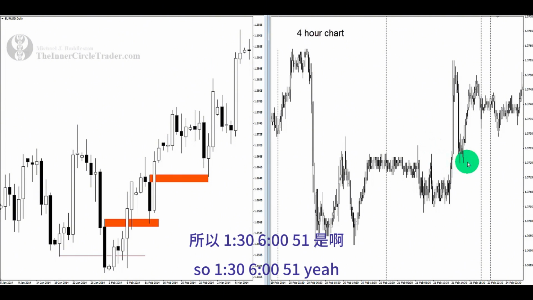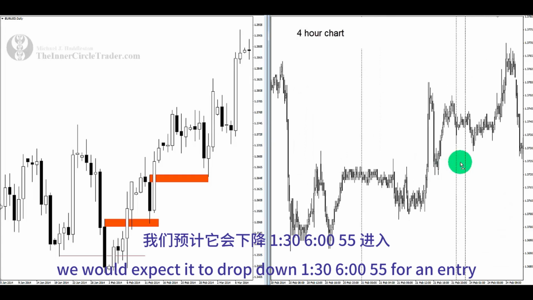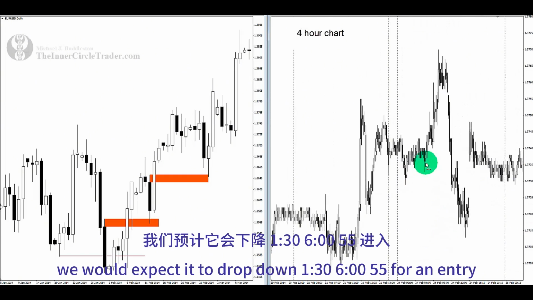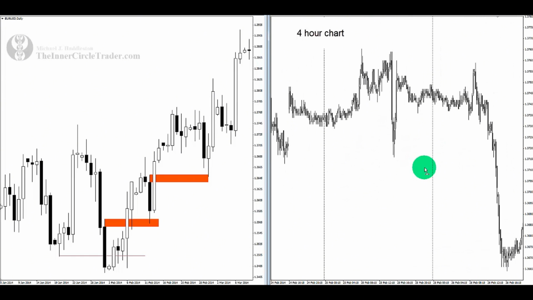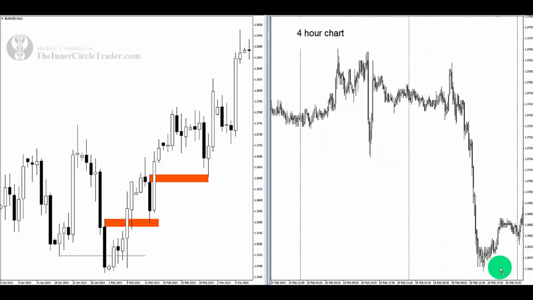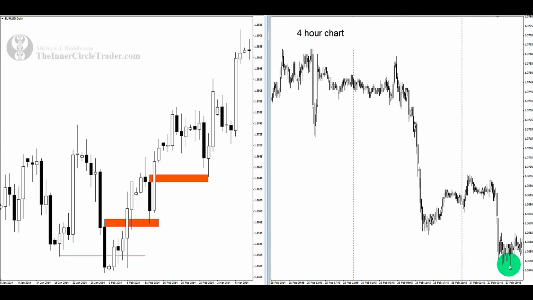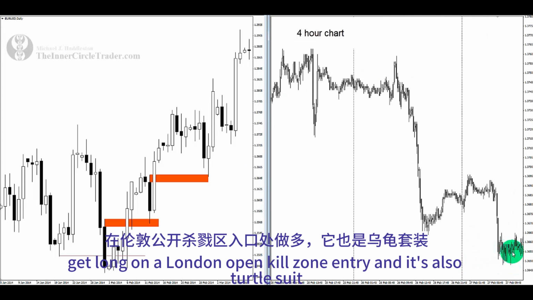Yeah, we would expect it to drop down to 136.55 for an entry. Right in here. Get long on a London Open kill zone entry.